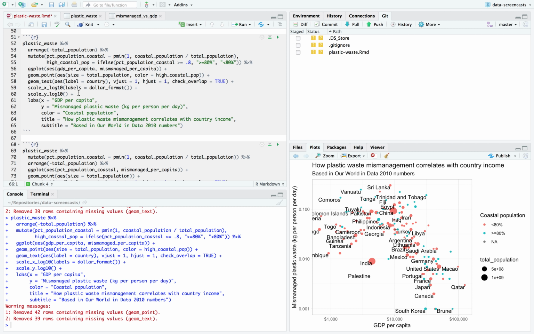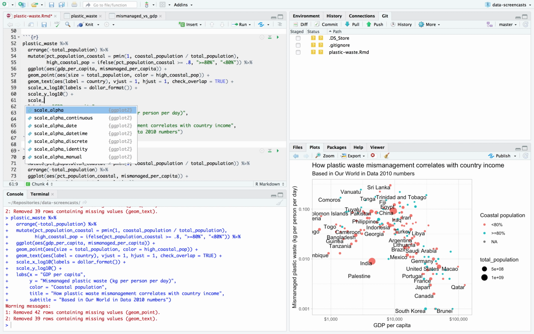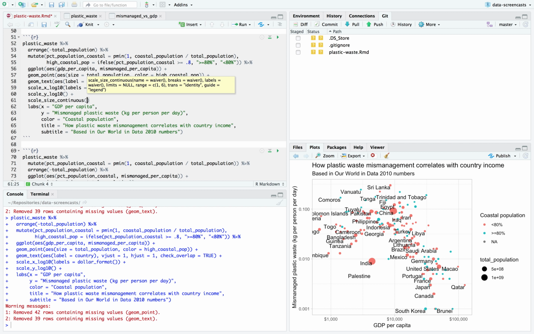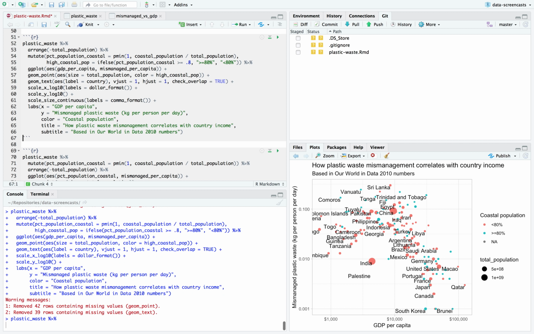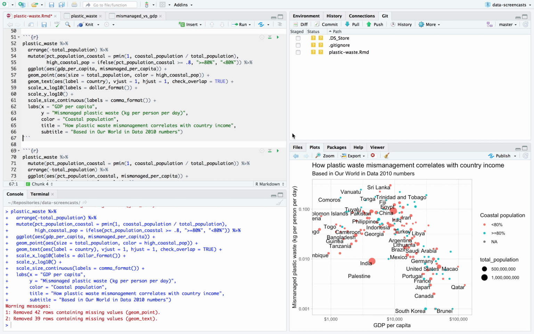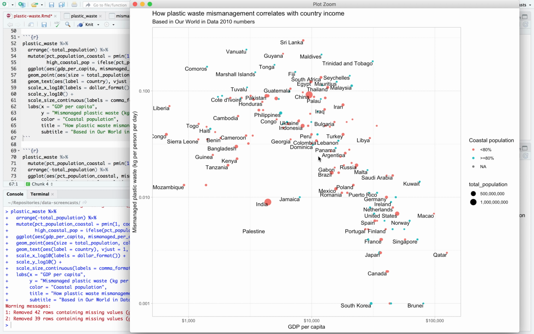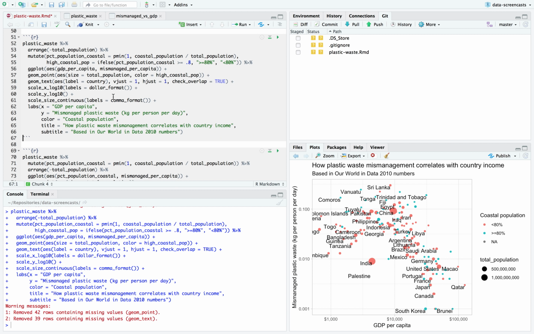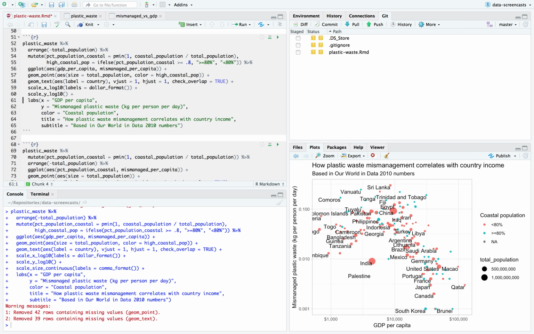All right, and what other things would I do? I would make this size continuous be labels, comma format, comma. Yeah, why not? I could probably skip it. I could skip the size thing entirely.